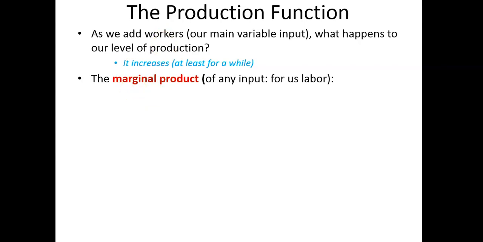Anytime we're analyzing any variable that represents change in economics, it's a marginal variable, right? In chapter 9, we analyzed marginal cost. How much does cost change when we produce one more? We're going to talk more about that later in this chapter as well. But right now, we're not looking at the dollars it costs to make the book. We're looking at every time we add one more worker, how many more books can we produce?